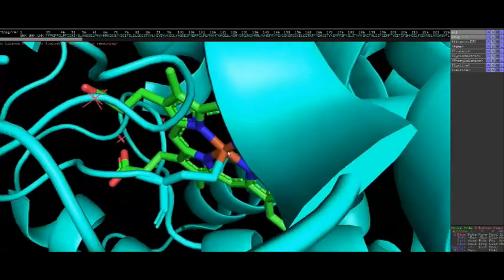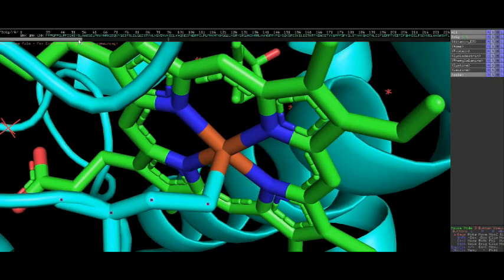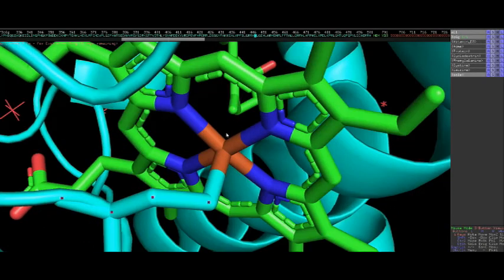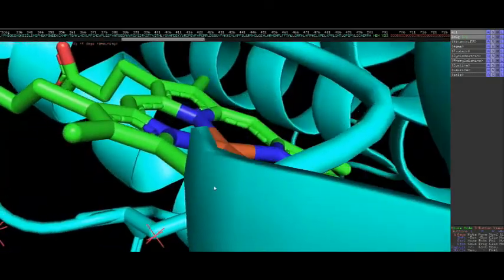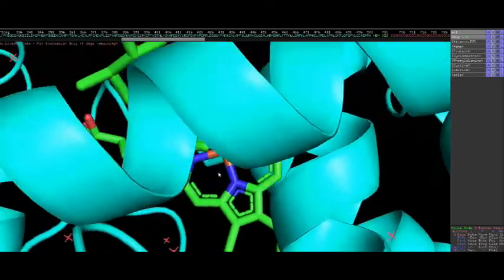We see that this is being held onto here by this residue here, which is a cysteine. That's pretty common for a cysteine to hold the iron in place there in the heme group.